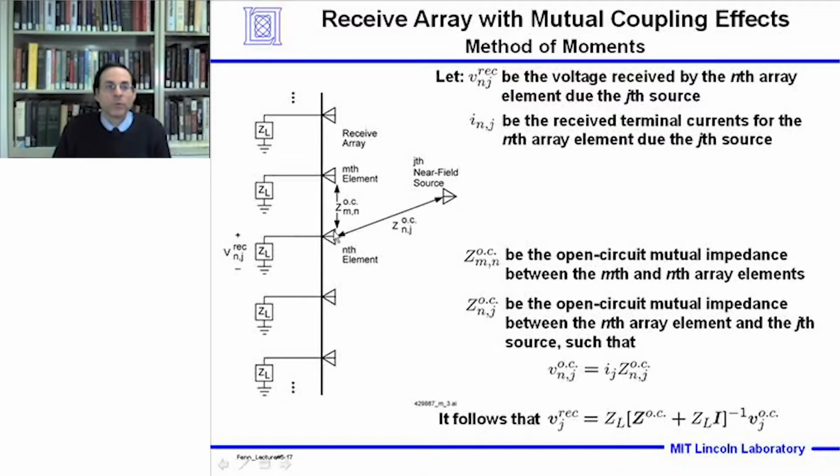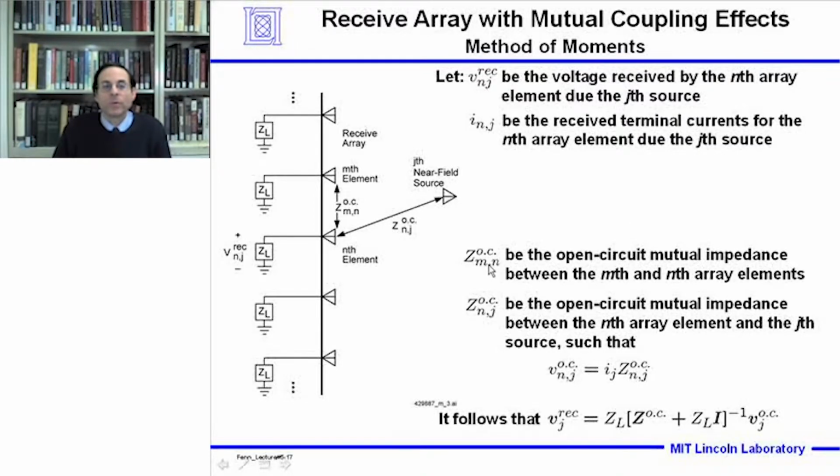So the array has mutual coupling expressed by the open circuit mutual impedance matrix elements, Z_mn. These can be calculated, and an open circuit mutual impedance matrix element between the jth near-field source and the nth array element. So we want the voltages received by the nth array element due to the jth source. We compute the received terminal currents for the nth array element due to the jth source.